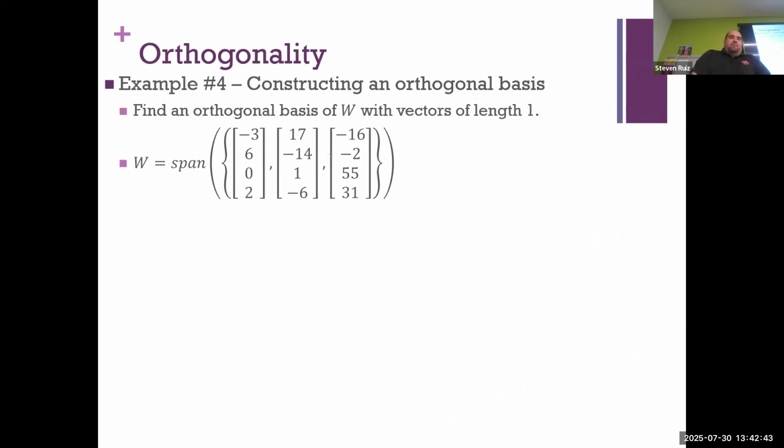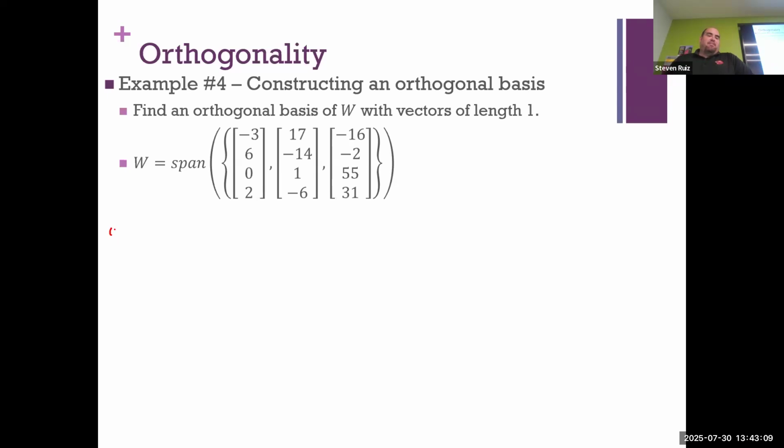All right. So next thing I want to do is find an orthogonal basis of W with vectors of length 1. I know for a fact that if you go through this in the order that it's written, it comes out real convenient. So I'm sorry, but I'm going to make us do that. I did not foresee it getting as hairy as it did before.